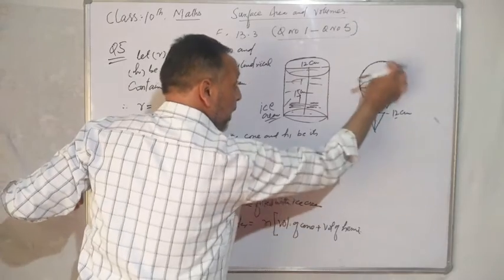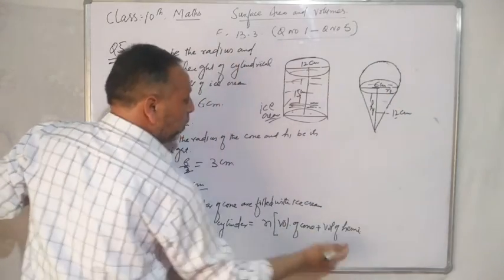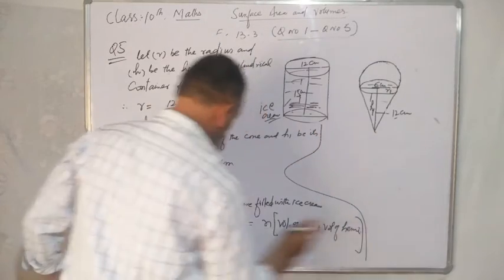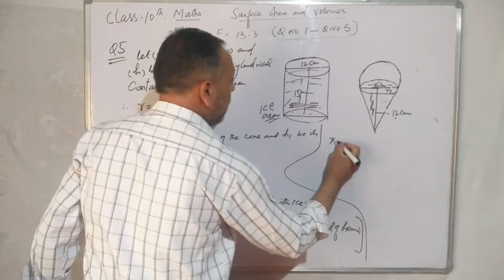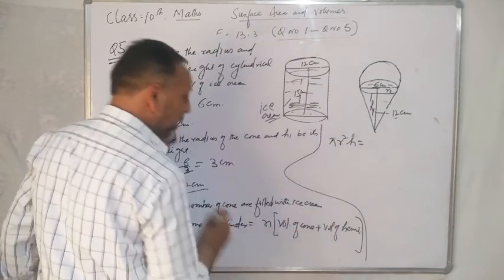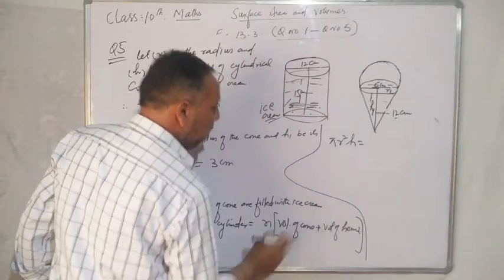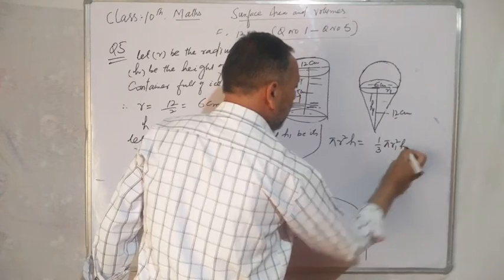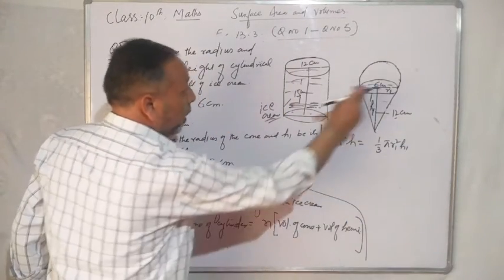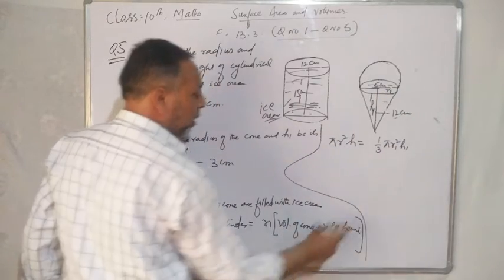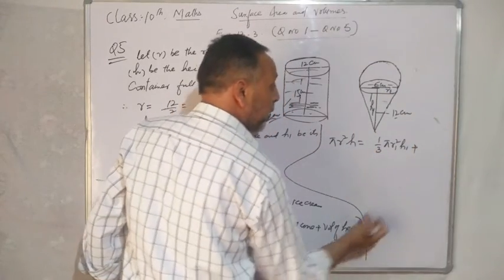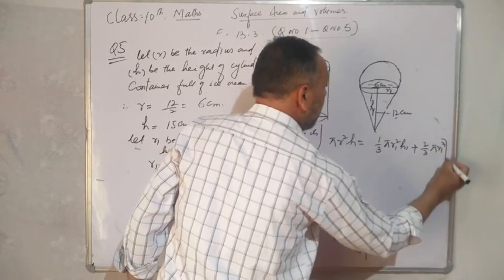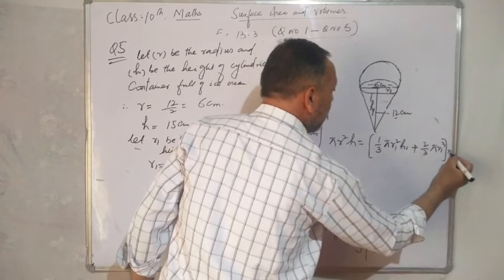वॉल्यूम ऑफ कोन और ये हेमिस्फीयर टॉप वो ऐड होगा, तो लगाइए फार्मूला. So volume of cylinder, it is pi r square h is equal to n times, volume of cone 1/3 pi r1 square h1, plus volume of hemisphere 2/3 pi r1 cube, into n, क्योंकि n कोन्स है.